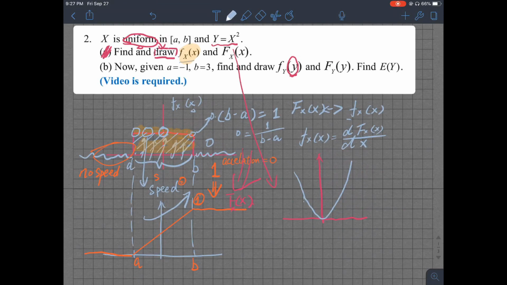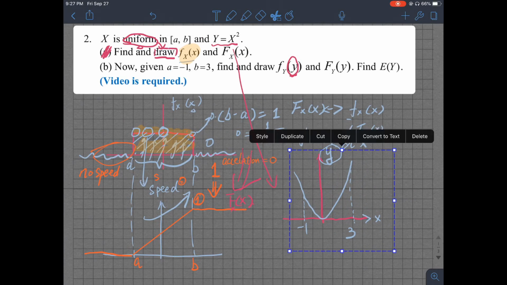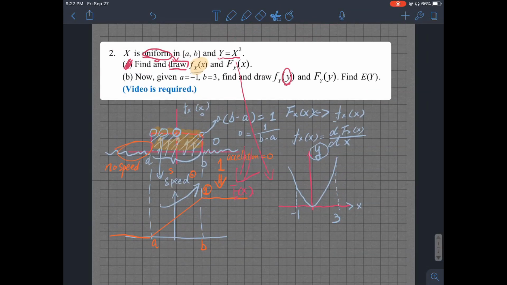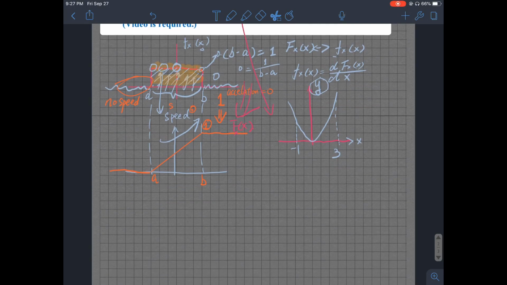And we know that a, on the x axis, is -1, and this is 3. So we can look into y for now. It's hard to rotate, so we can simply imagine that this becomes like this. Here is y. I will draw it this way.